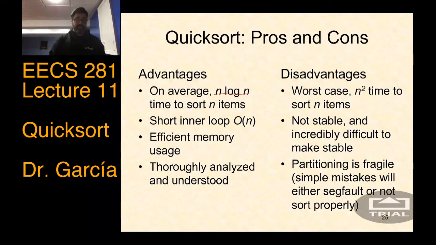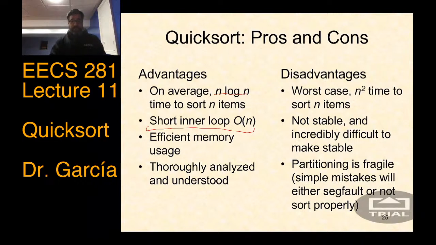Again, in practice, it can be quite fast. It has a short inner loop. It's just linear time. It is fairly efficient in using memory. Again, we're not creating any extra memory. Everything's in place, but there is the fact, which is a disadvantage, that you have extra stack frames. Okay.